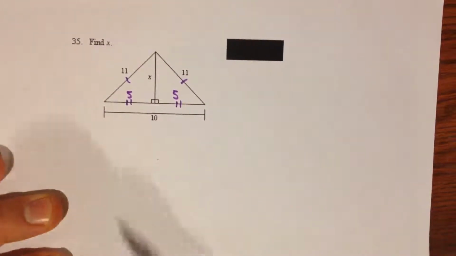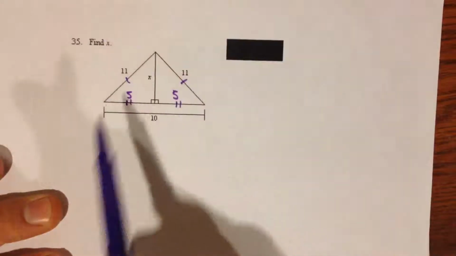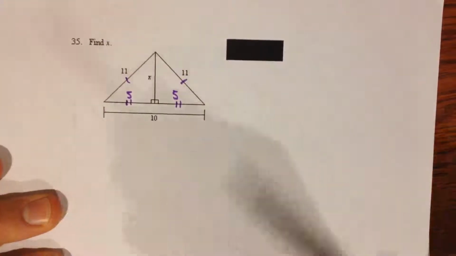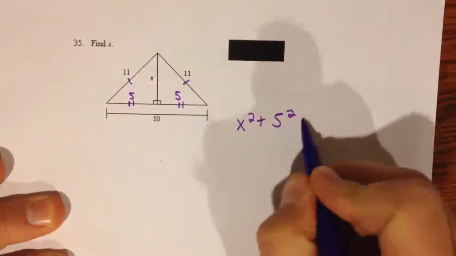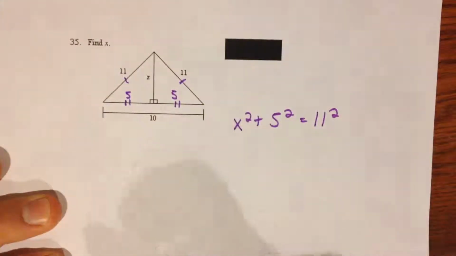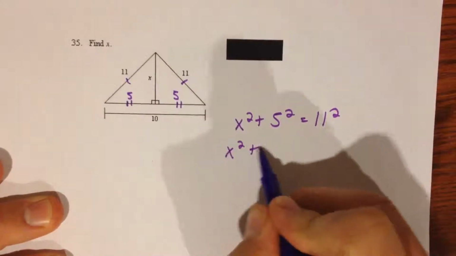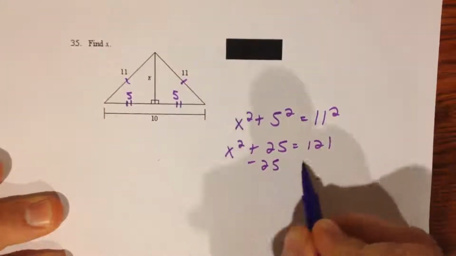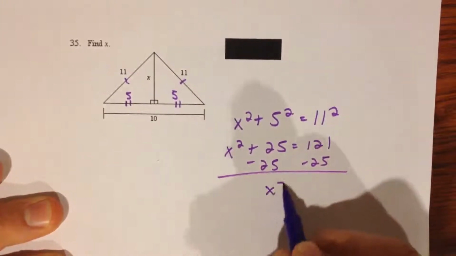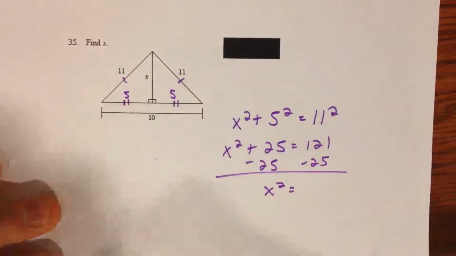So now to find x, all we have is 2 out of the 3 sides of a right triangle. We can use the Pythagorean theorem. So x squared plus 5 squared should equal 11 squared. So x squared plus 25 equals 121. Subtract the 25.